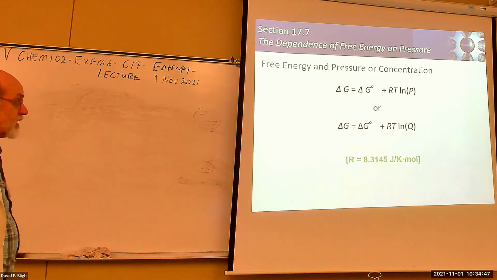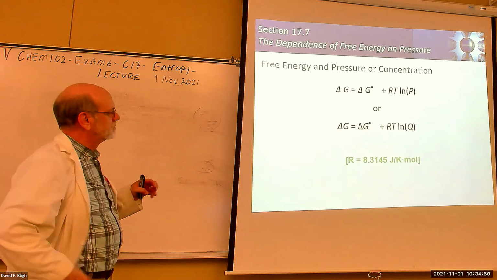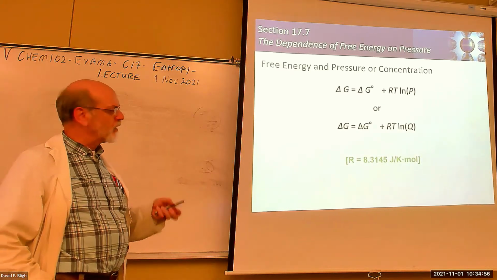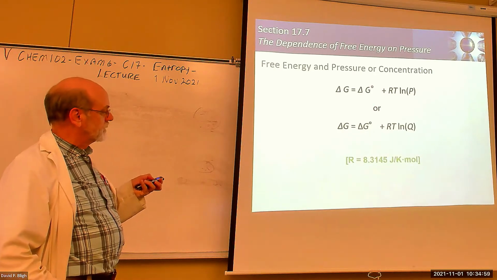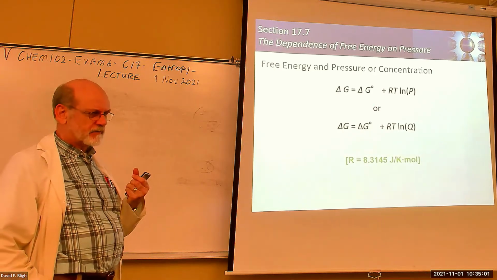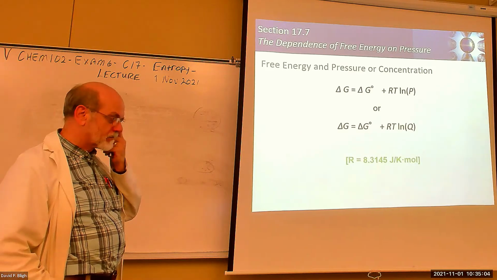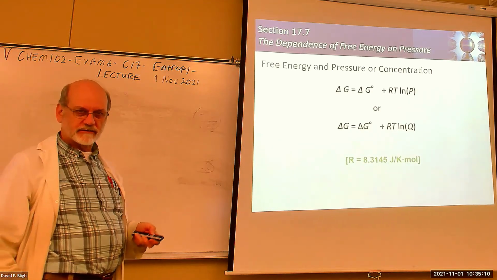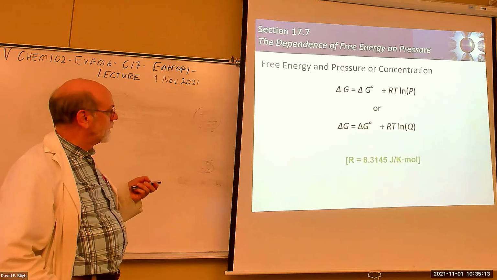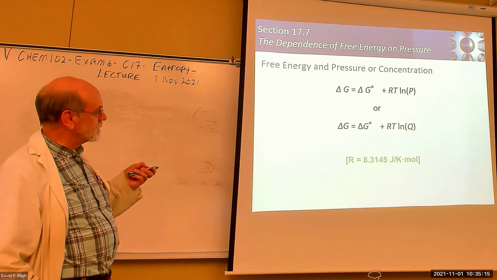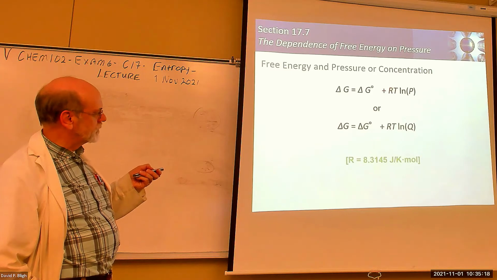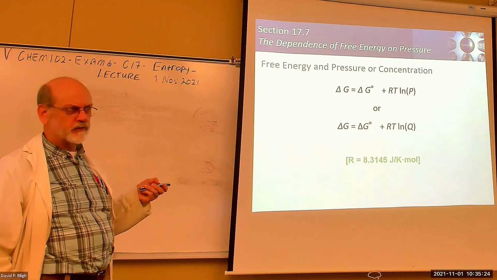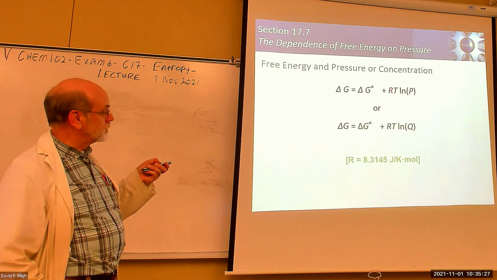So free energy can be calculated. Actually, the free energy, as opposed to the standard free energy. Right? Standard free energy occurs at standard temperature and pressure. But maybe we don't want to know the delta G at standard temperature and pressure. Maybe we want to know it at a different temperature or pressure. Right? What we need then is a correction factor. So here it is, the gas constant, and this will be the one with joules in it. 8.31 something or other, I think.